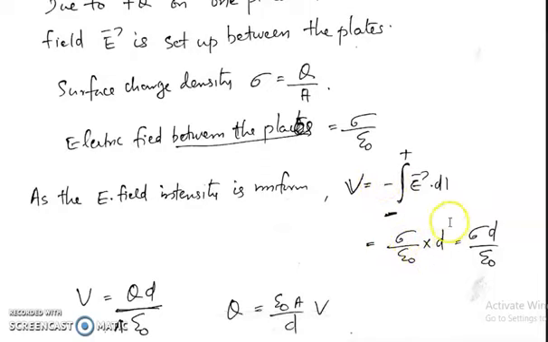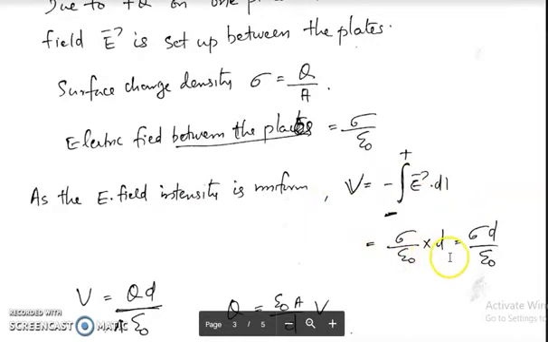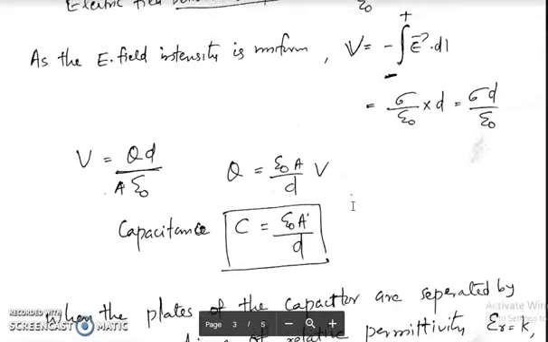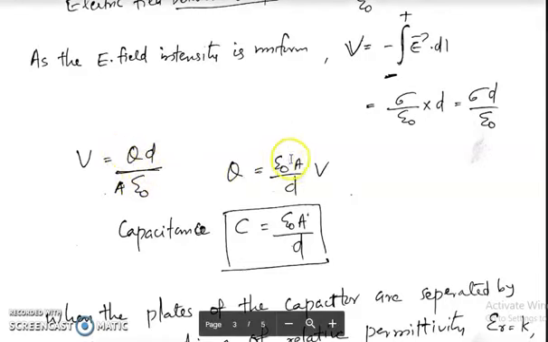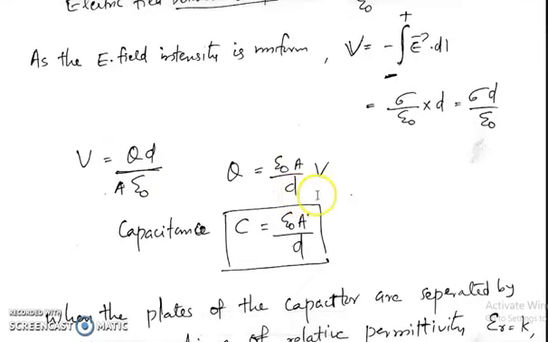So we get sigma by epsilon 0 times the integral of dl, that is the distance between the plates, d. So sigma by epsilon 0 into d, and we know sigma is Q by A. So V is equal to Q d by A epsilon 0, so Q equals epsilon 0 A over d into V.